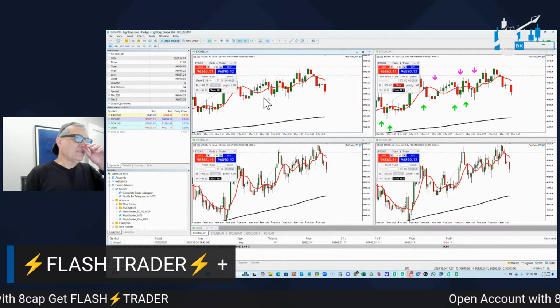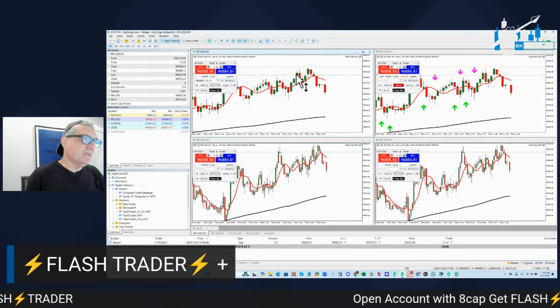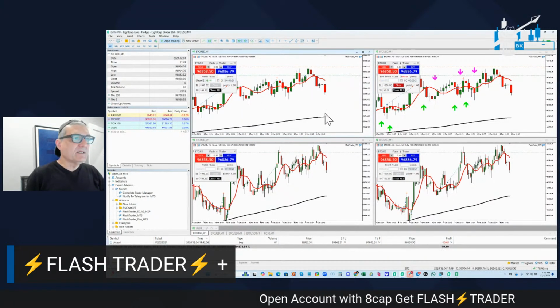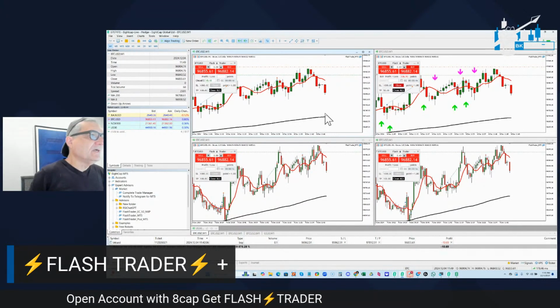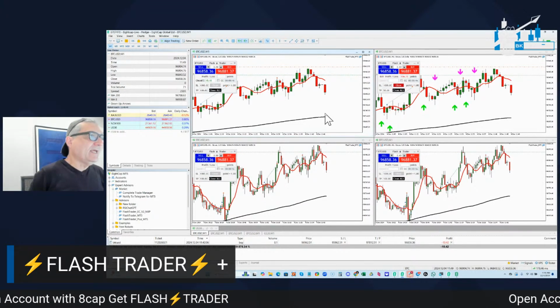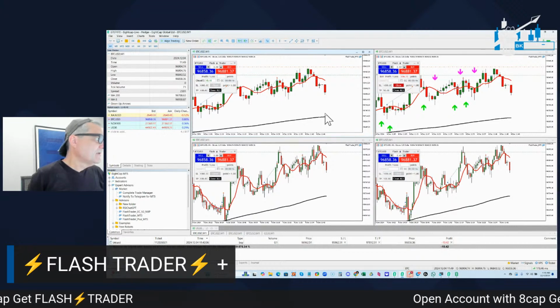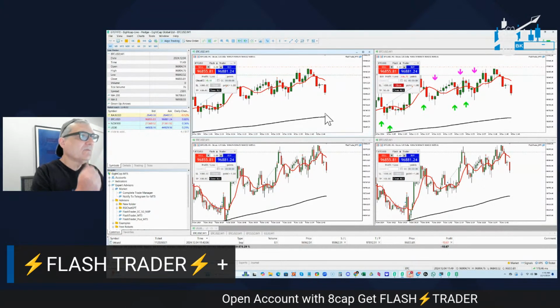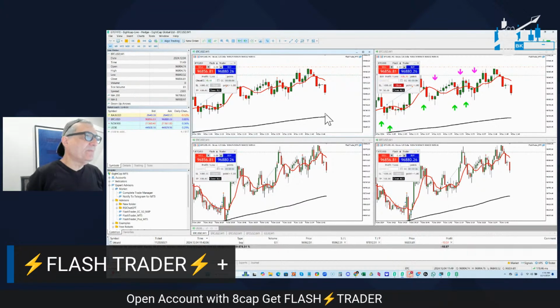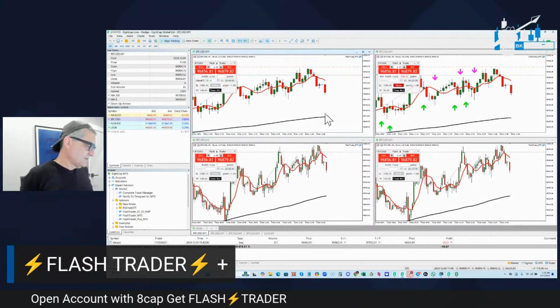So if it comes down in a correction, like I told you, it looks like it was 97 got rejected. It's going to come down a little bit to test the bottom. I'm happy to play that game with them. But we'll have to wait patiently until it comes in.